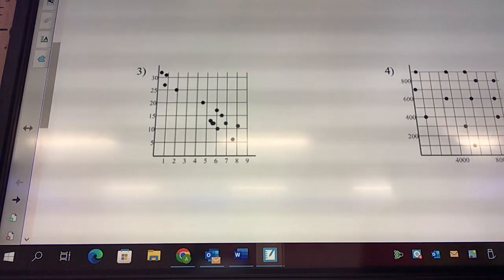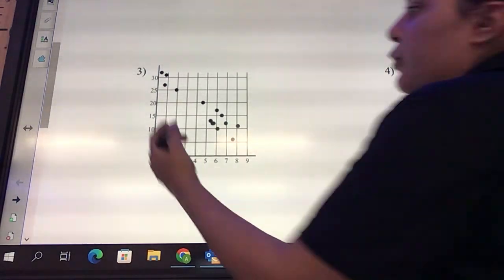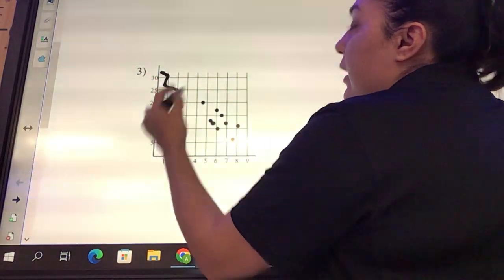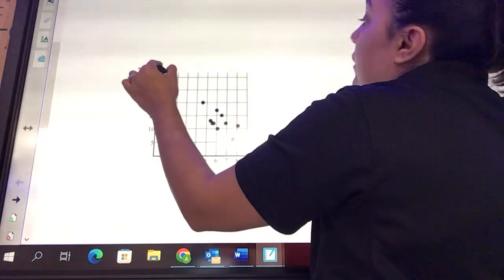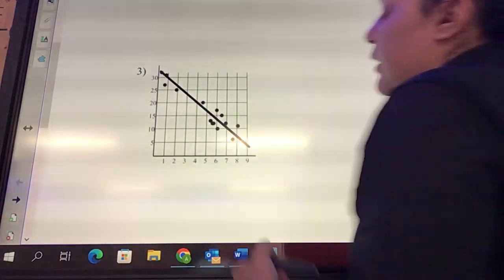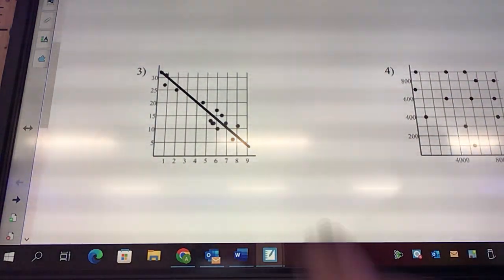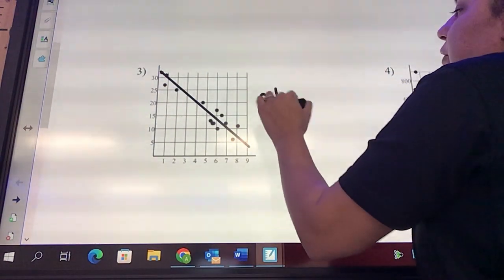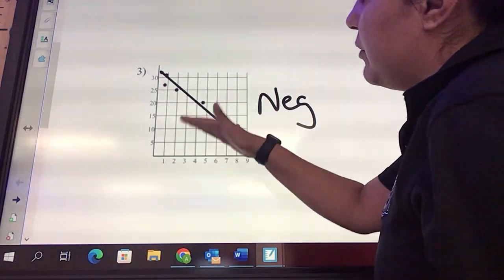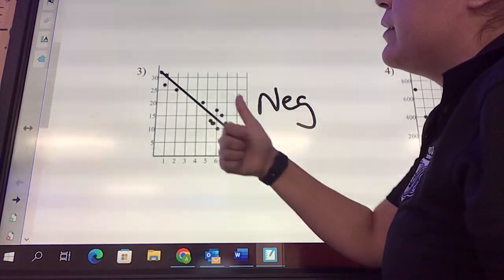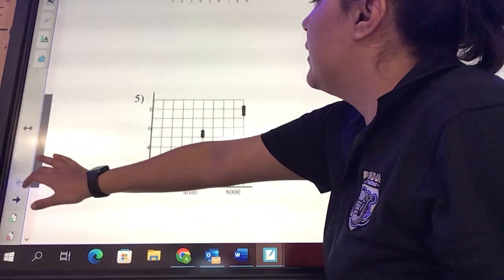If you try to connect as many dots as you can, you can only use a straight line. So that's going to be negative, and you can see how most of the dots are somewhere around that line, and that's good. That means it's negative.